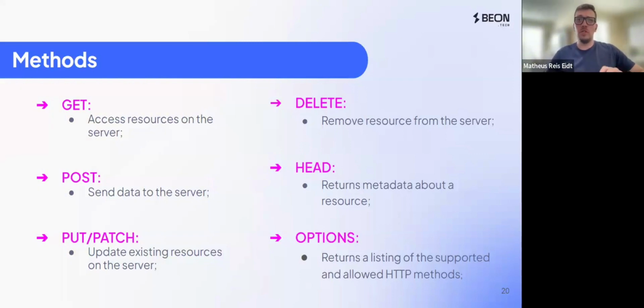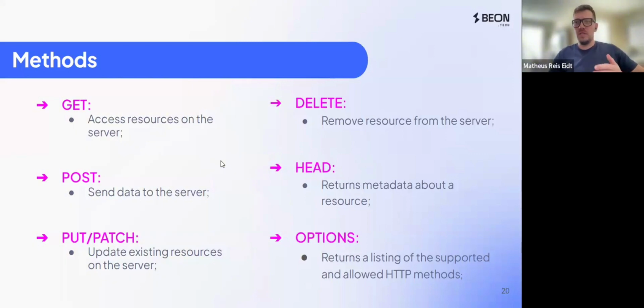And we also have other 2 methods, and those 2 methods usually are provided by Django REST Framework. The first one is HEAD. HEAD returns metadata about the resource. For example, let's say we have an image and the client wants to know the size of the image before downloading it, he can use the HEAD method to get this information without downloading it. And also we have the OPTIONS method.